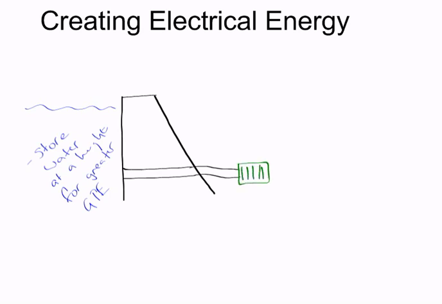So you could say that there is some sort of kinetic here, or it could still be gravitational potential energy. Goes in, hits the turbine, and that then turns the generator, which in turn creates the electrical energy for your house.